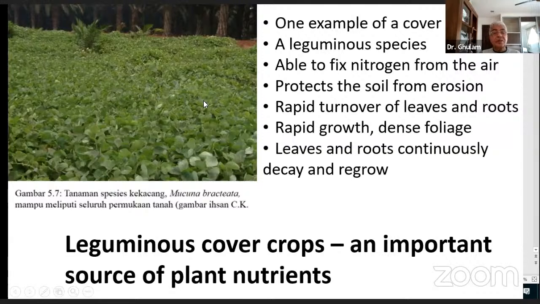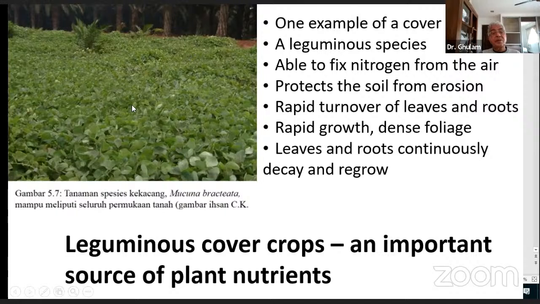And then they also are known to grow roots in the soils, in the topsoil, and these roots decay very rapidly. And then when they decay, the new roots will regrow, and this is a very good way of adding organic matter to the soil, and also from the organic matter, the microorganisms will act on them and release nutrients.